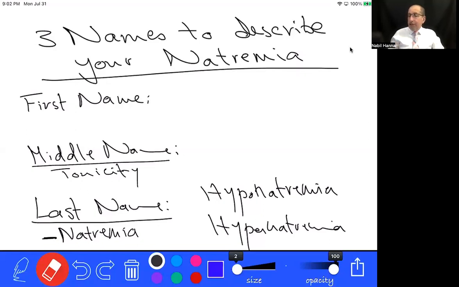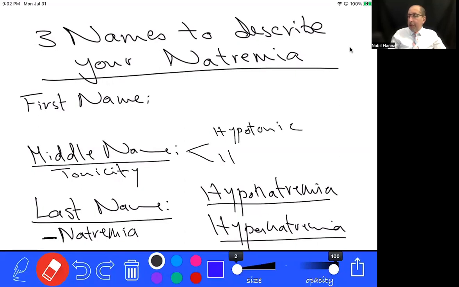And it goes without saying, all hypernatremias are hypertonic. All hyponatremias are hypotonic. And we talked about the only exception, DKA and HHS. So the middle name will be, for hyponatremia, hypotonic. For hypernatremias, it's going to be hypertonic. And then the first name is volemia.